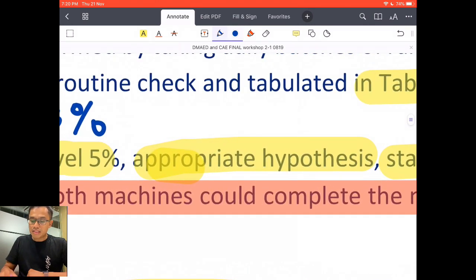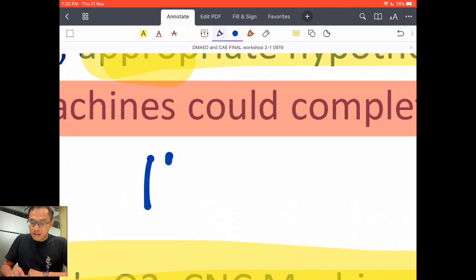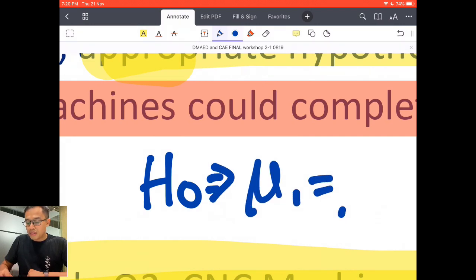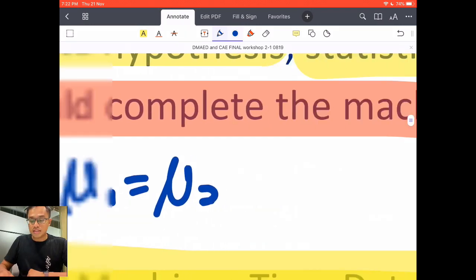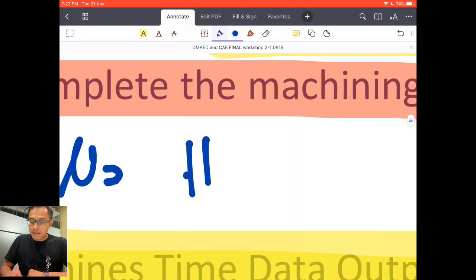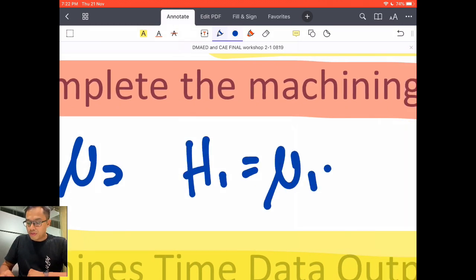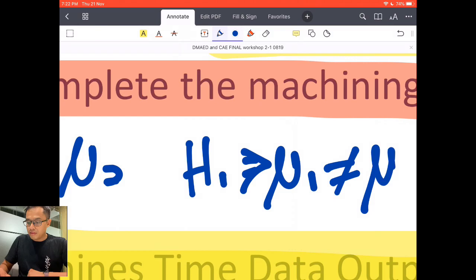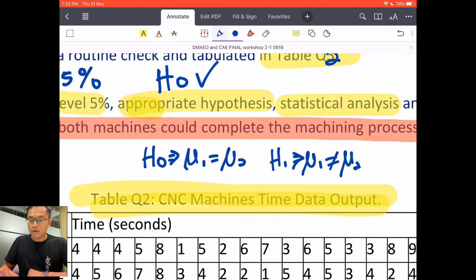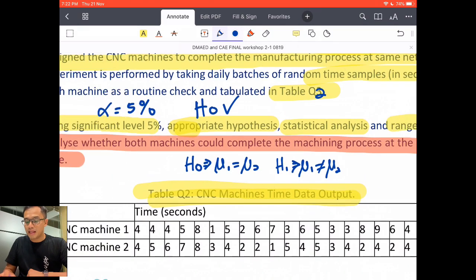For the appropriate hypothesis, since we want them to finish at the same net time, H0 must be accepted. Why? Because we only have two hypotheses: H0, mu1 and mu2 are the same, and H1, mu1 not equal to mu2. There are only two for statistical hypothesis.